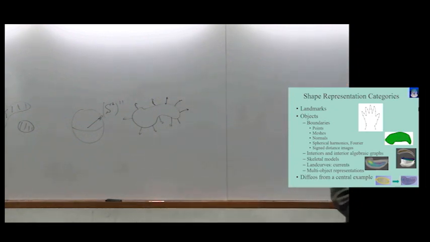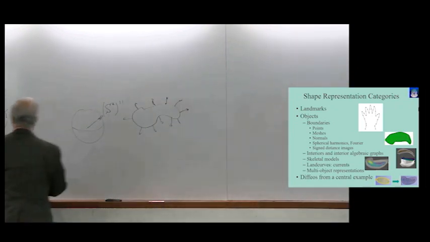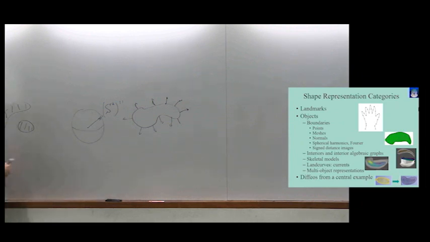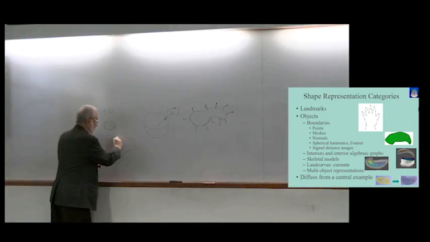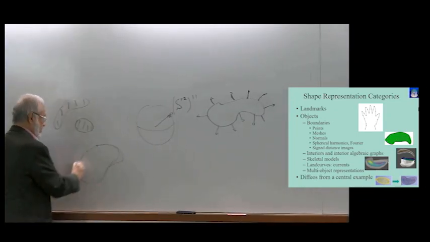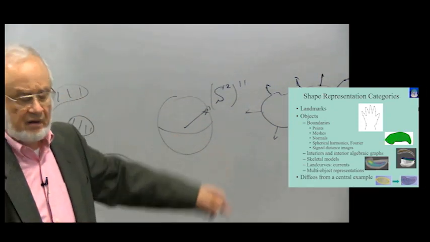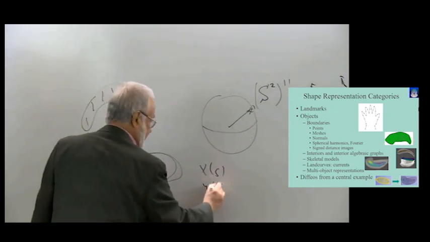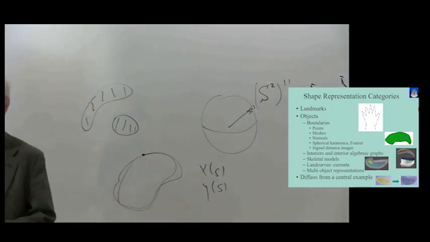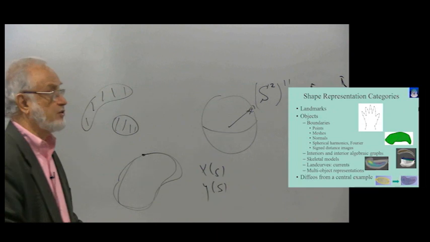The result is that a single object, like one I've drawn here, can be understood in terms of X and Y as cyclic variables that go all the way around here. X is a function of the arc length around this thing, and Y is a function of arc length around this thing, and each can be written as an ordinary Fourier representation, as a sum of sinusoids.